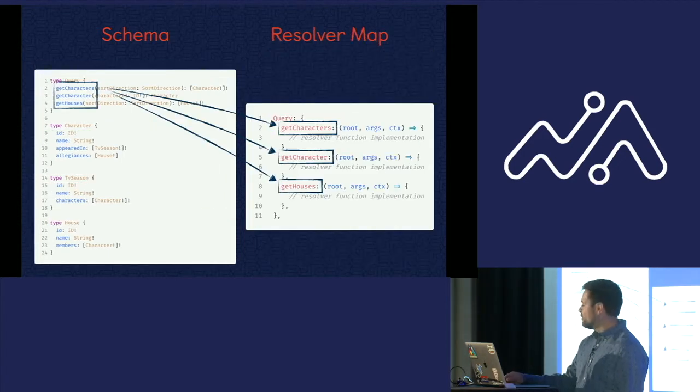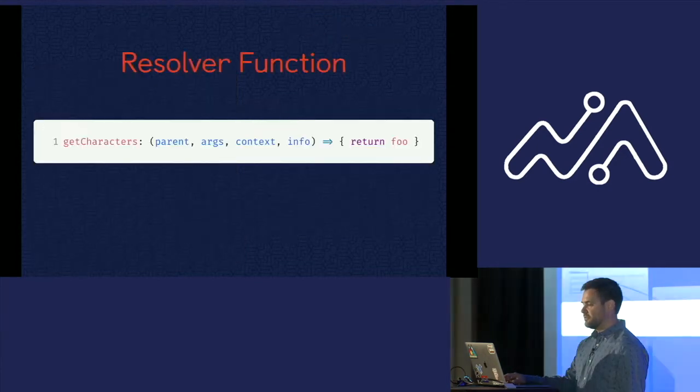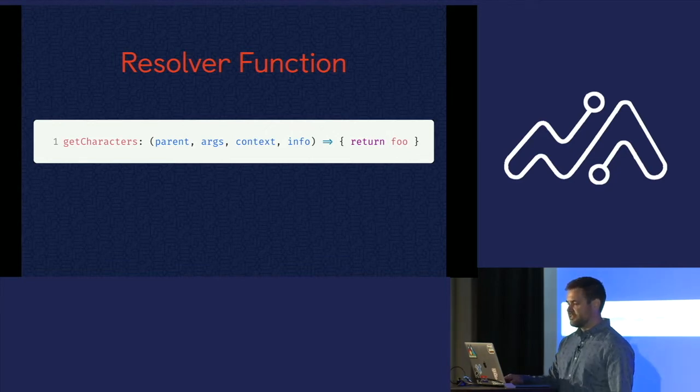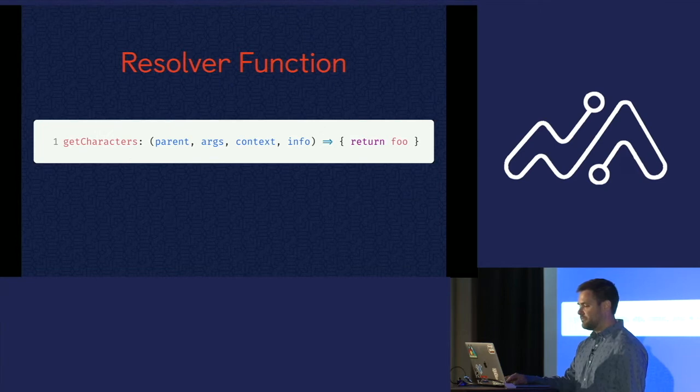So this is an example of a resolver map for the query key. Notice that there's an entry for each query in the schema. And each one of those entries is a resolver function. This is the shape for all resolver functions. You might not use all 4 parameters every time, but they're available if you need them.